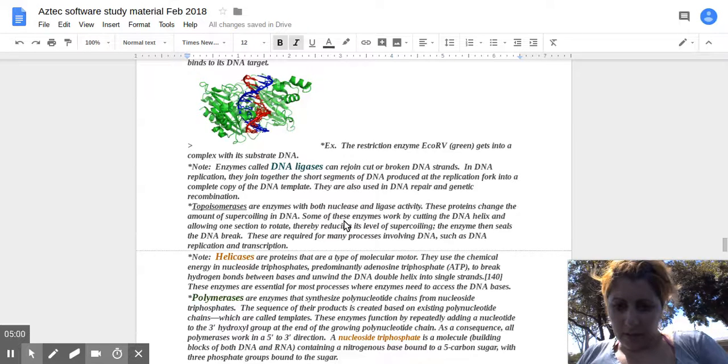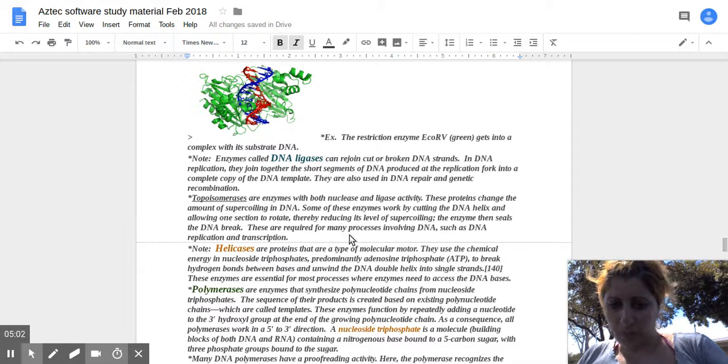The helicases are enzymes which are essential for processes where DNA bases are needed.